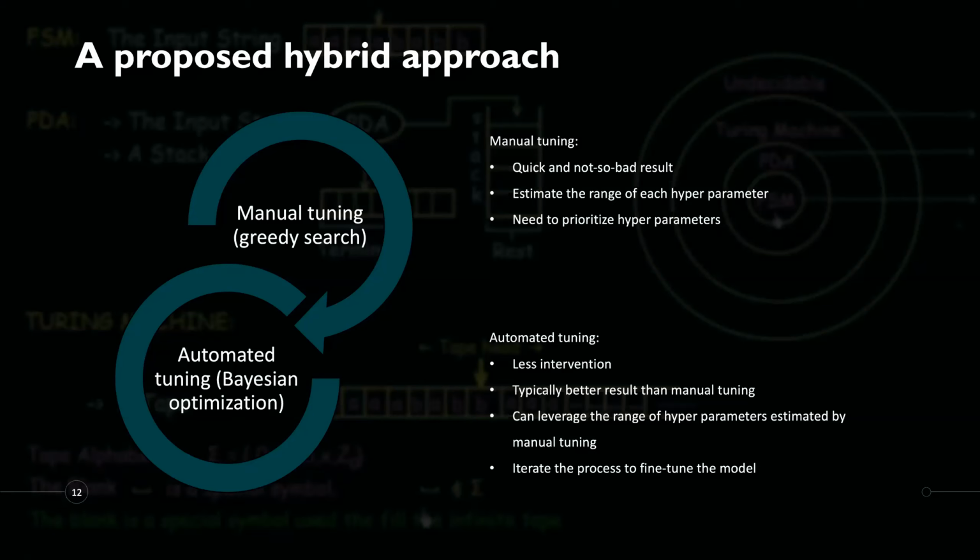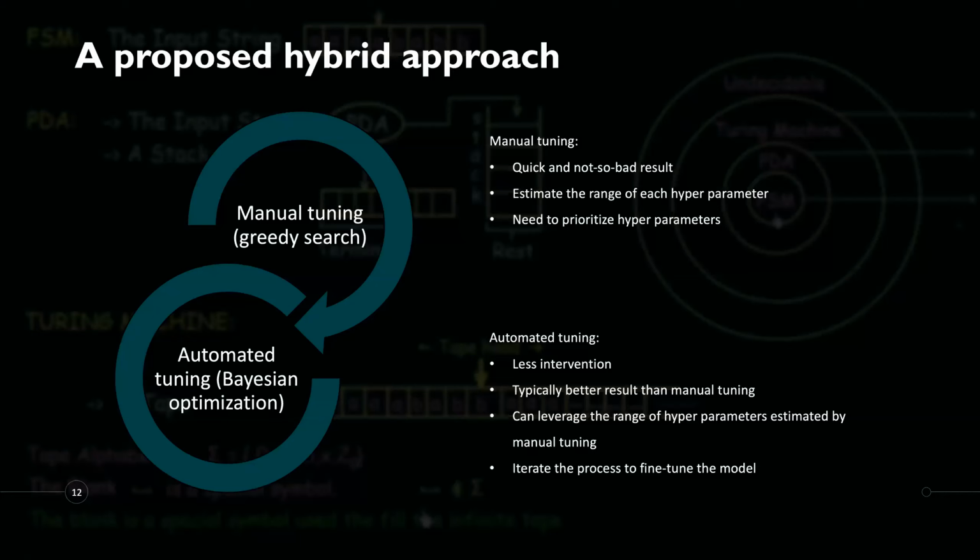If that's not the case, for instance with random forest, there are two criteria we can choose for tree splitting: entropy and Gini. In that case, Bayesian optimization just doesn't work, and we'll have to use either manual tuning or grid search.